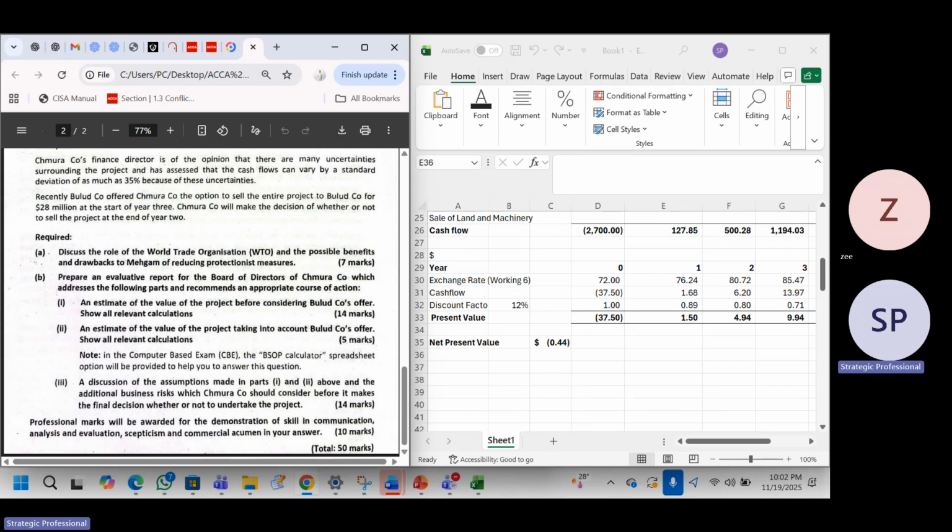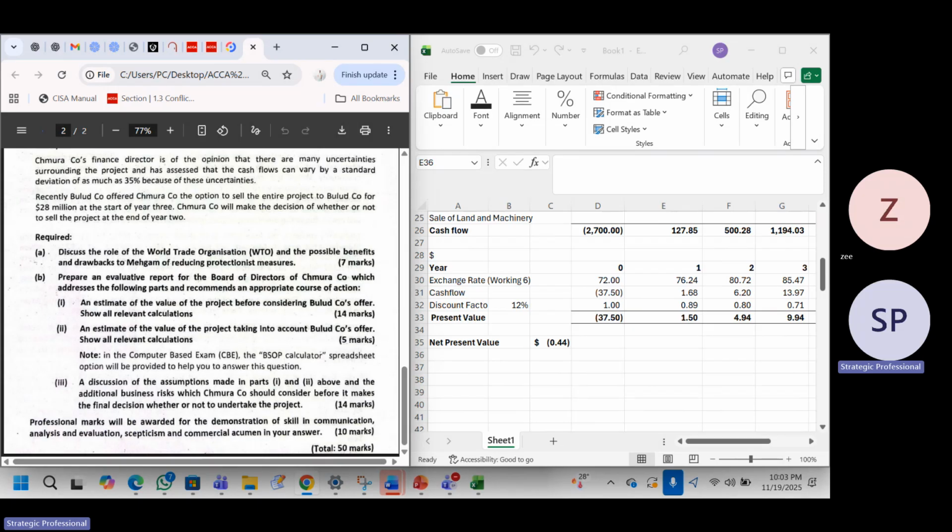Hold on before you continue. First thing, because the project's NPV is negative, the project should be rejected. That's the first thing. You can continue that though further analysis can be done, like performing sensitivity analysis on the best case scenario, reassessing the assumptions to arrive at a positive NPV.